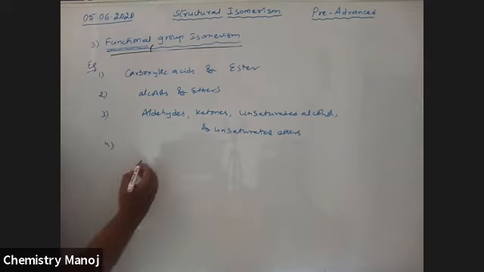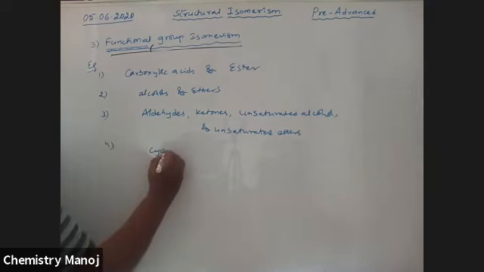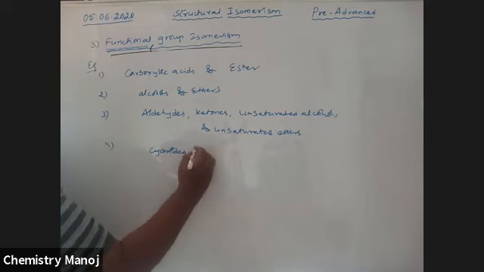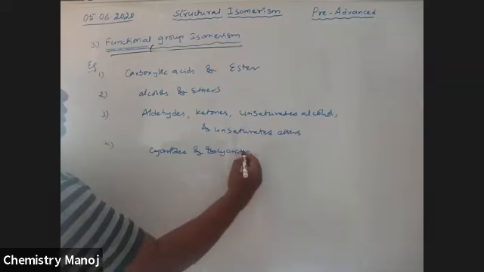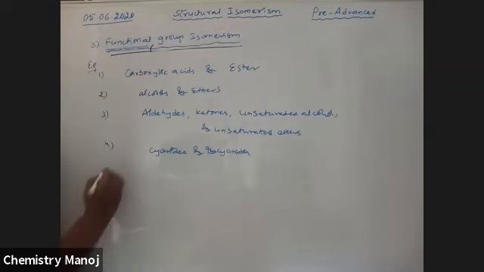Next, cyanides and isocyanides are functional isomers.